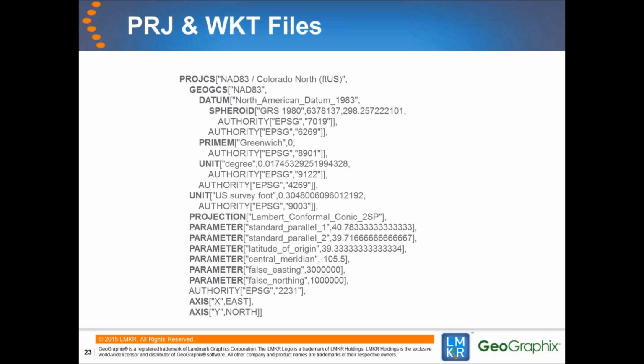Then there's a lot of other things here, the parameters. Some of these you may be interested in, some of you may not, but the ones that you should sort of look at are central meridian, which is the center of each state plane zone. There is a meridian, and actually there's least distortion at the meridian.